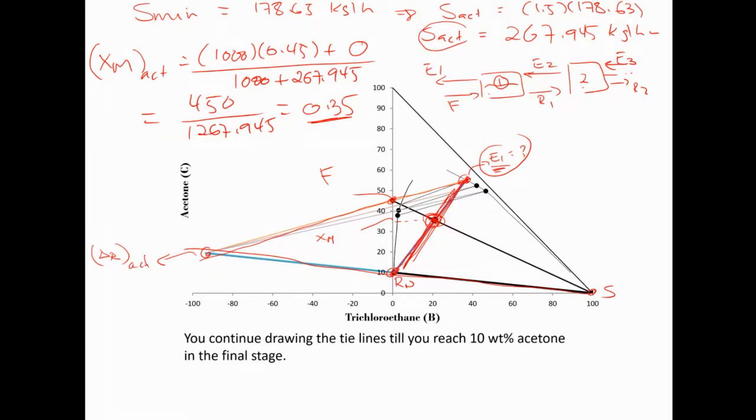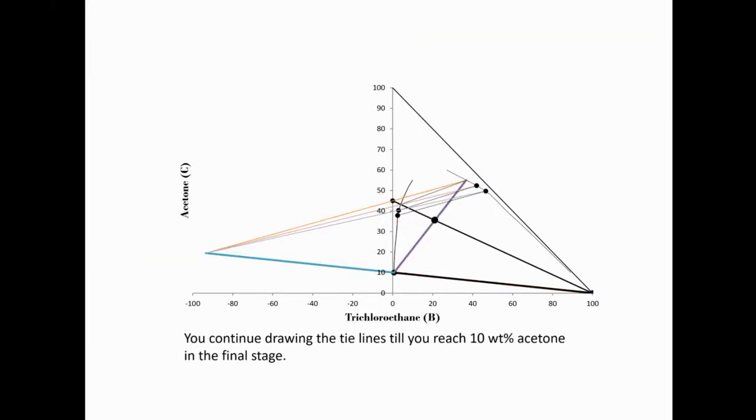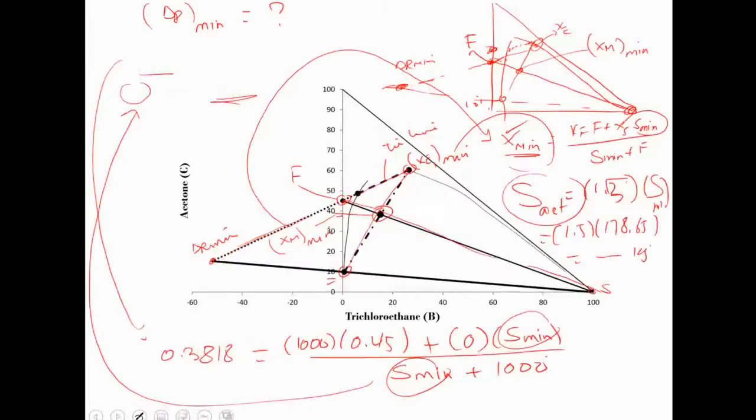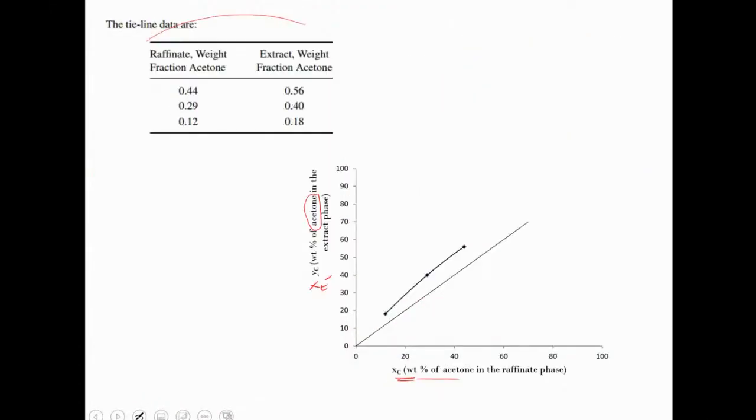Okay. Now once I know everything, let me go back to the diagram that we drew. Now I know E1. From this diagram, E1 is here, maybe 0.5 something.